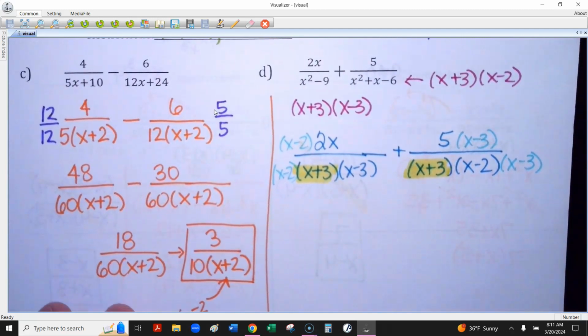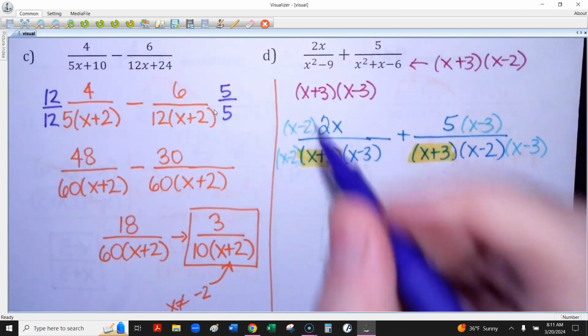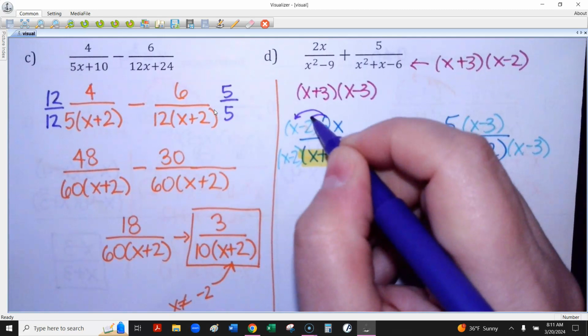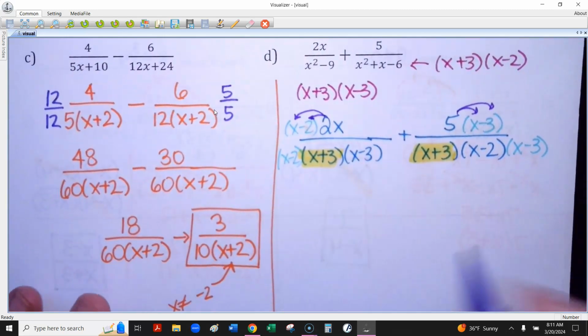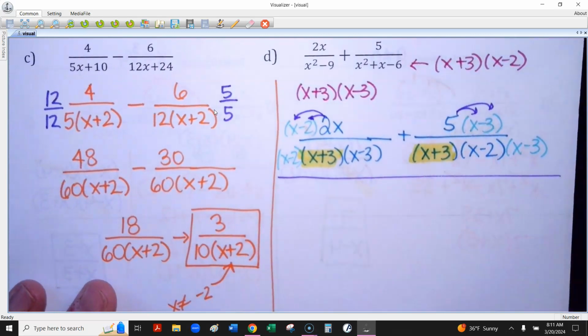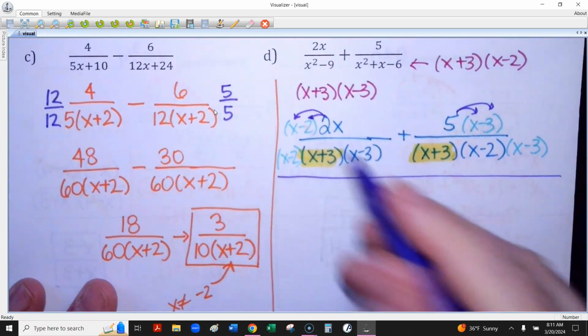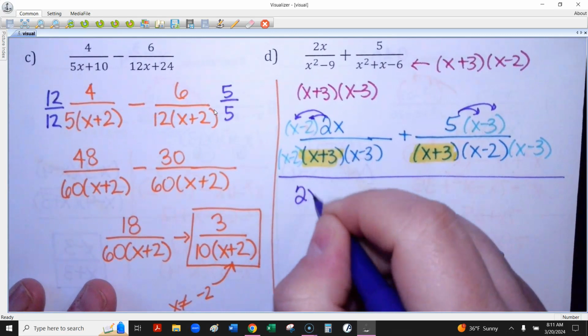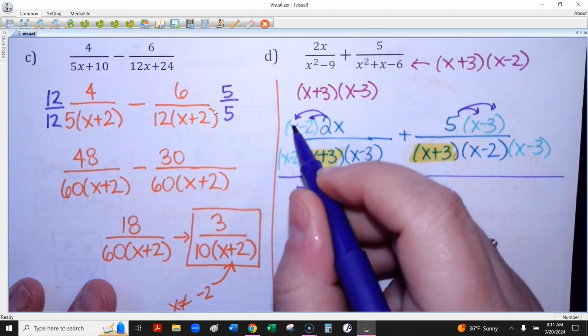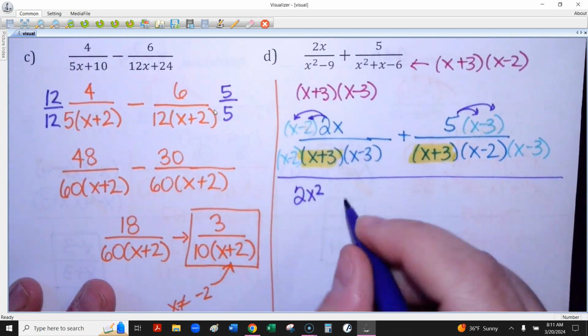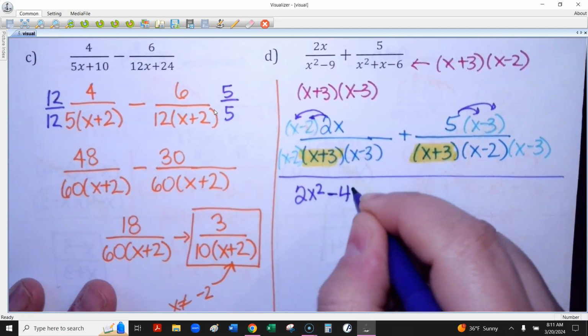What I am going to do, though, is simplify the top of this. So just a little distributive property, these are being added. Just like a little sidebar, I'm working just on the top. This guy would become 2x squared. So 2x times x, that's where I'm getting that. 2x times -2 would be minus 4x.